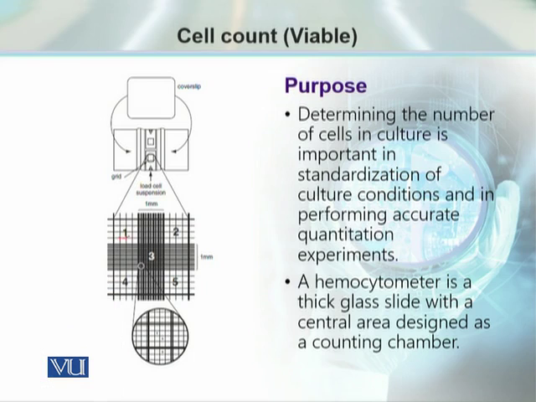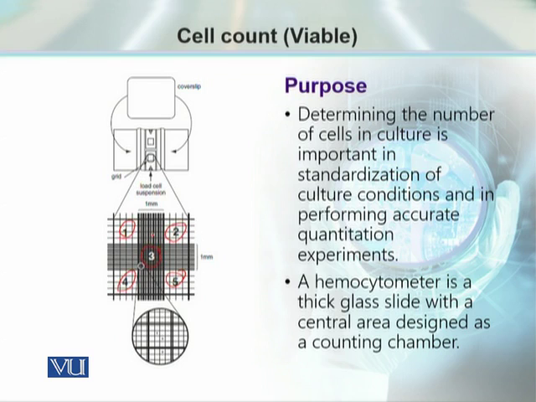The area number 1, 2, 4 and 5 are basically meant for white blood cell count, and area number 3 is meant for red blood cell count. We can use either of the regions, keeping in view the principle of cell counting which we adopted for white blood cell count or red blood cell count.